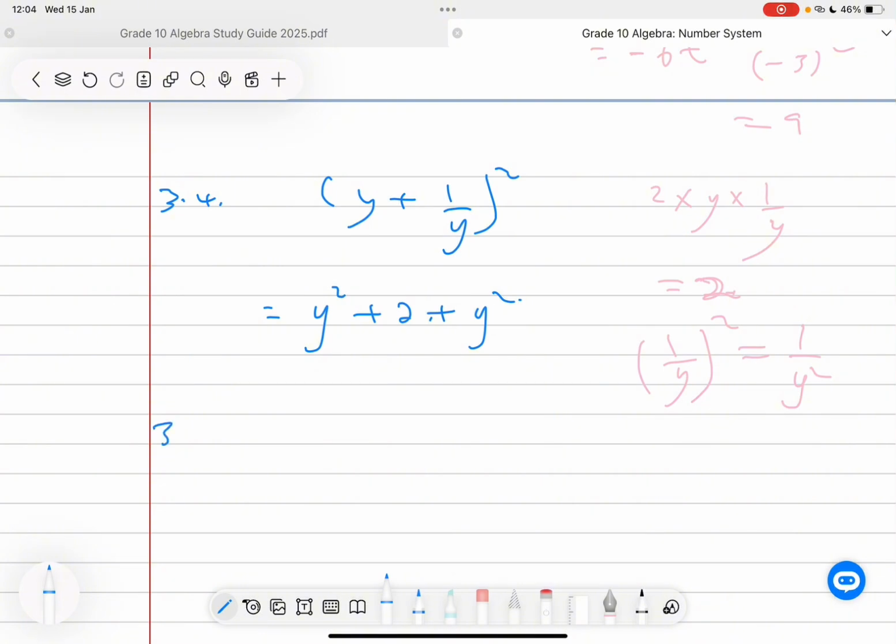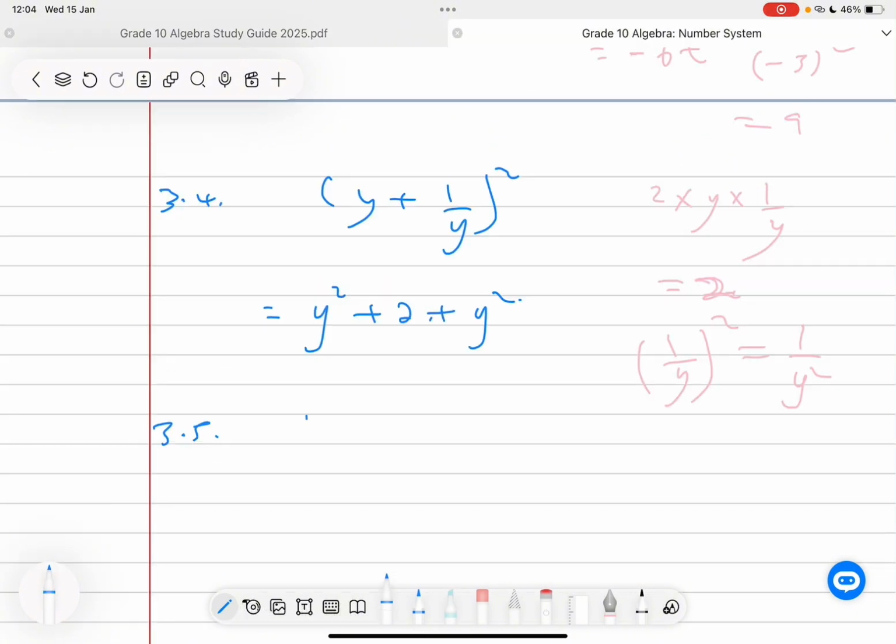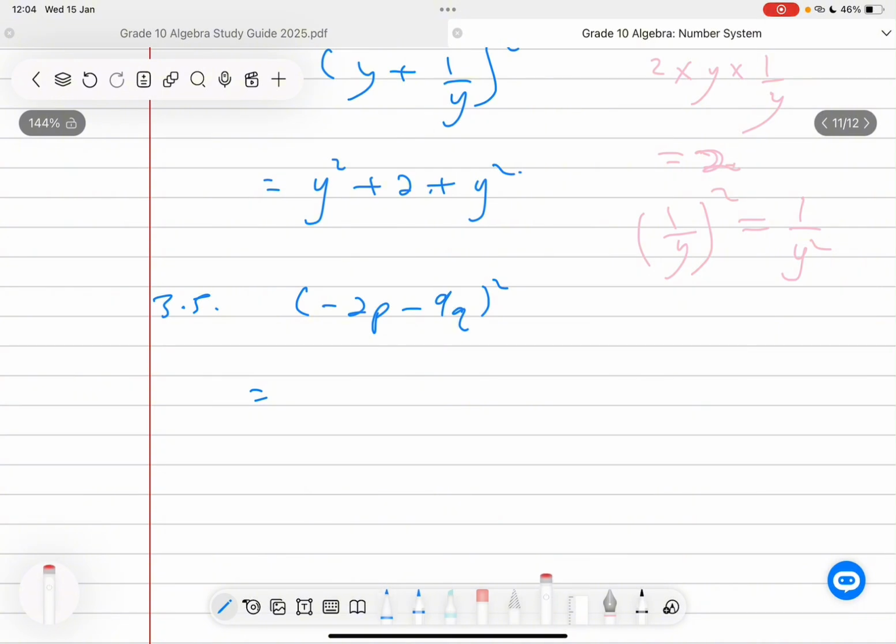The last question, which is 3.5, we are given the square of negative 2p, negative 9q. Again, our inspection method says that we square this number, right?